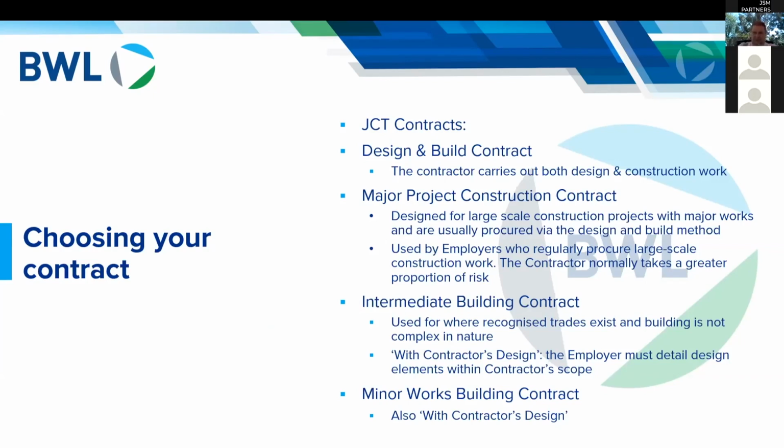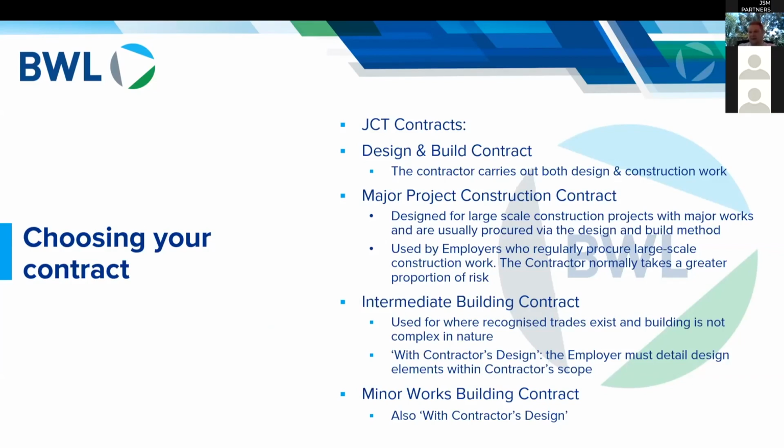So once you start to get into the JCT family of contracts, you start to realize that actually you can choose a JCT that's perhaps a bit more tailored to what your actual needs are. Major project construction contract is what it says on the tin. It is for ginormous big developments, maybe even major infrastructure projects. So the sort of developers we deal with probably won't use this as much. Design and build, yes.